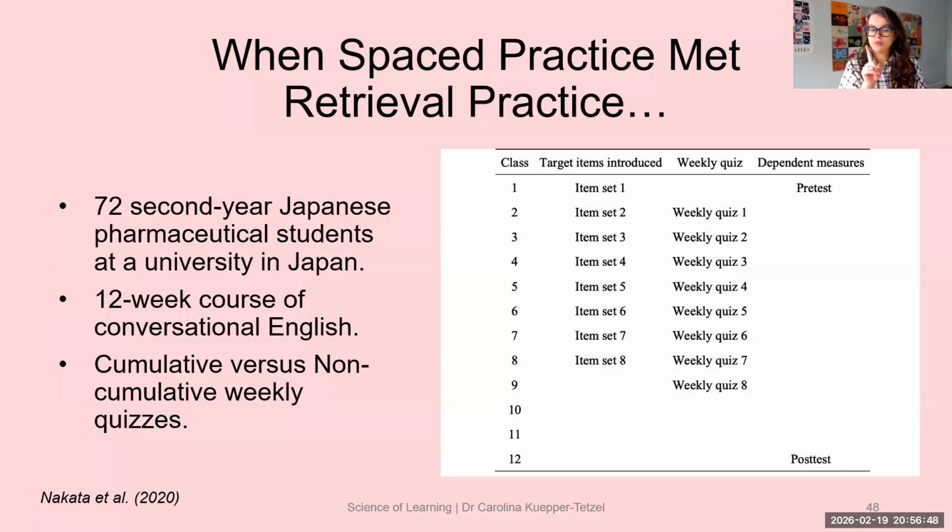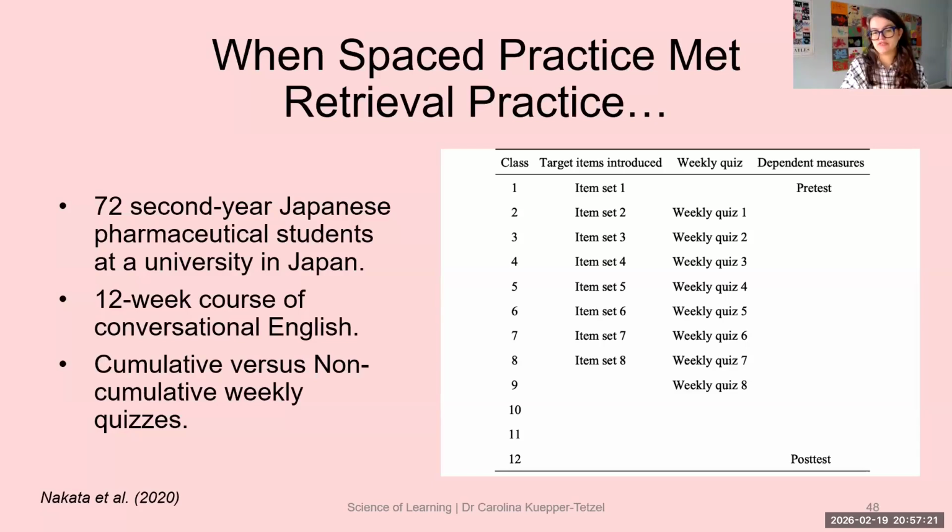Now, those weekly quizzes were either cumulative quizzes or non-cumulative quizzes. So cumulative quizzes means that, let's say, in class 5, for example, they had the weekly quiz, and that quiz had items from week 5, 4, 3, 2, 1, and so on.